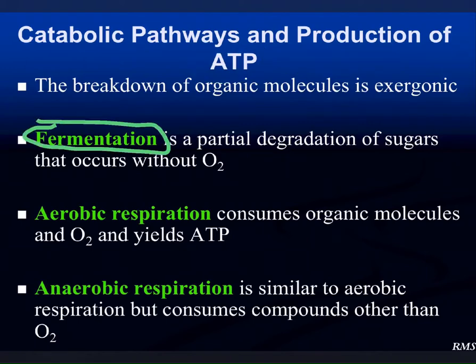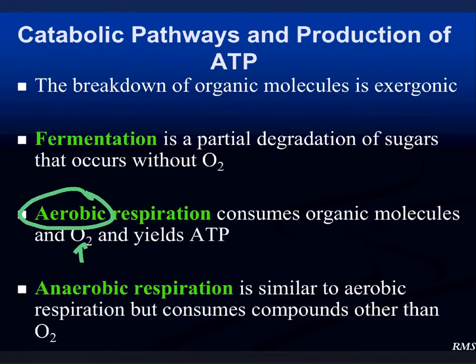So fermentation is when an organism partially degrades that sugar down without using oxygen. And out of that, they're going to get some sort of byproduct that could be alcohol, for instance. We're also going to talk about two forms of respiration. You're going to have aerobic and anaerobic. So in aerobic, it implies with oxygen.